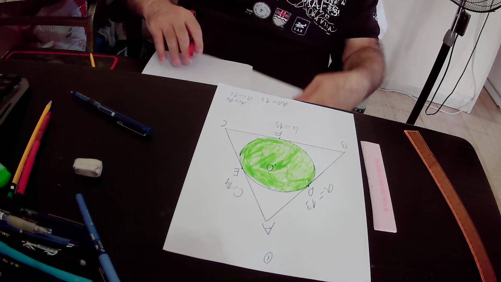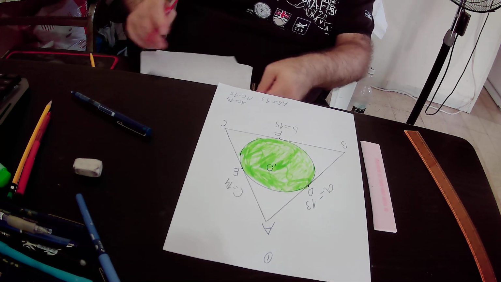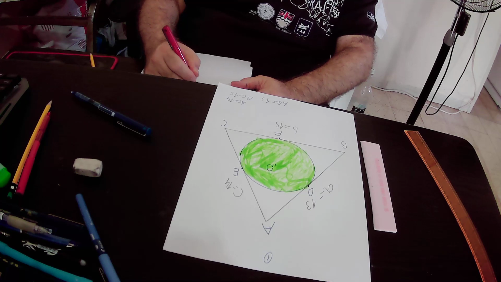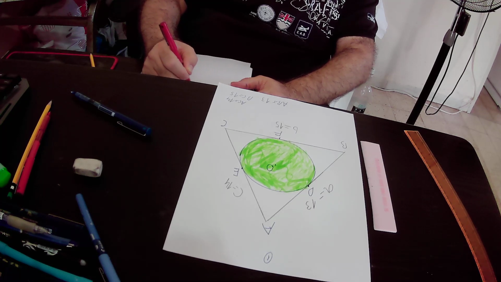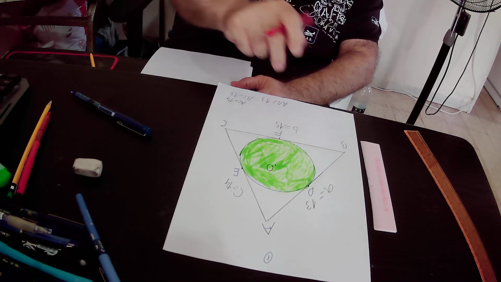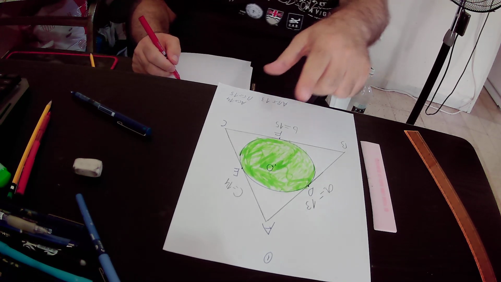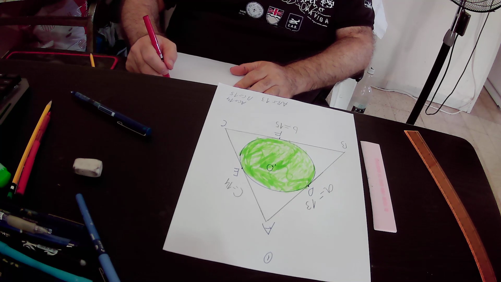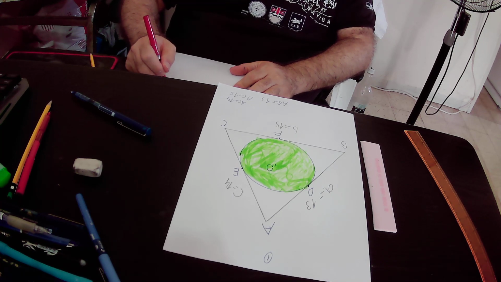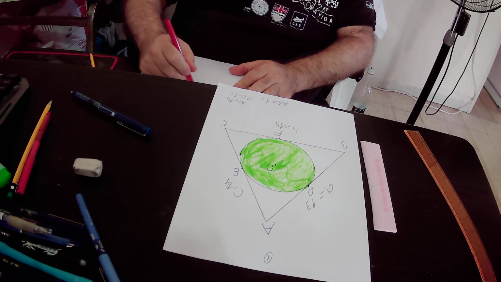And we know that A equals 13 units, B equals 15 units, and C equals 14 units, all divided by 2.